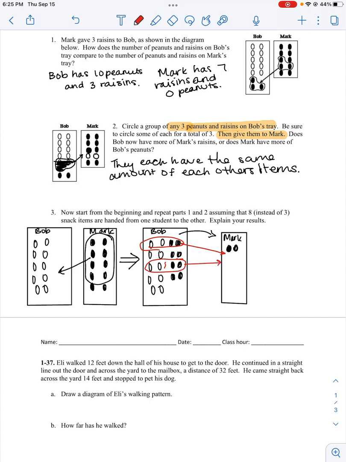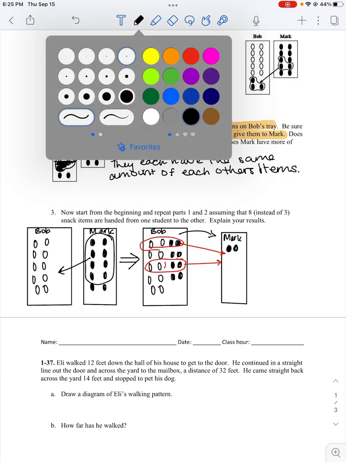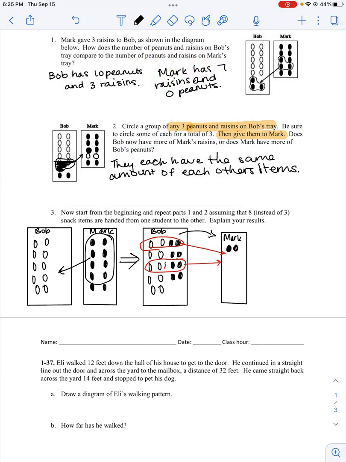So when I do that, there's 1, 2, 3, 4 raisins and 4 peanuts that go to Mark.